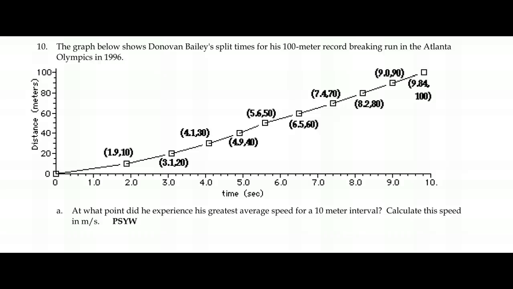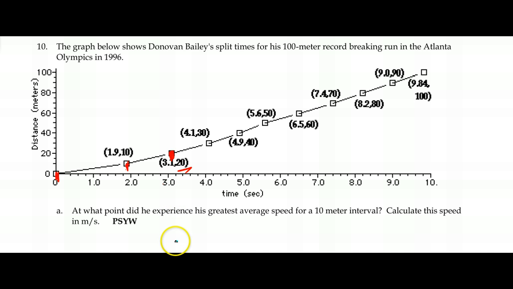He ran a record-breaking 100 meters, and here every 10 meters of distance is marked out with the time at which he was at that point. So he started here at 0, and then 1.9 seconds later he was at 10 meters, and then at 3.1 seconds from the start he was at 20 meters.